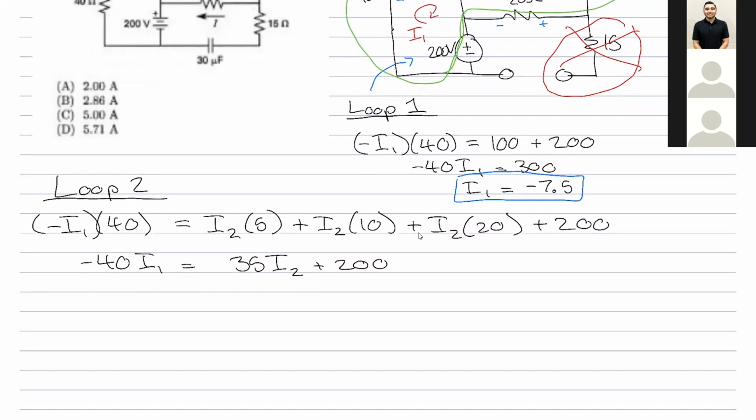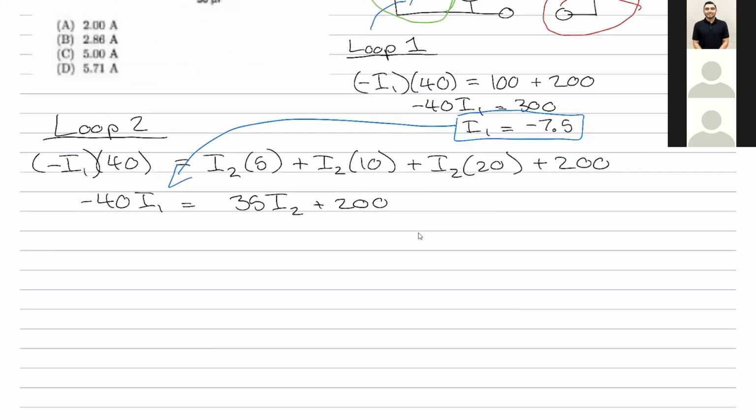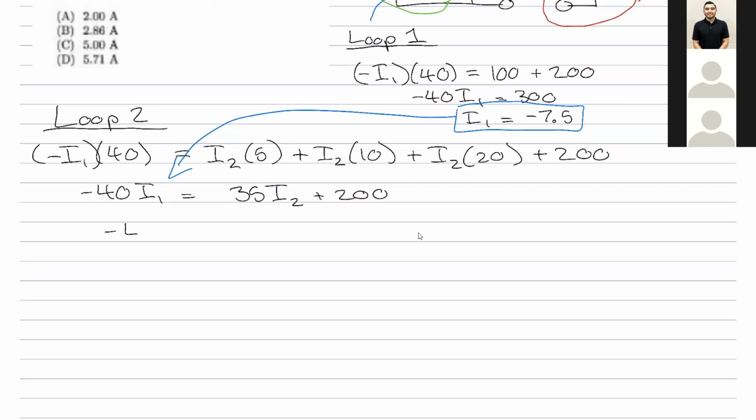We already found I1, so we're just gonna throw that guy in there. So then we're gonna get negative 40 times negative 7.5 is equal to 35 I2 plus 200. Okay. 7.5 times 40 is just going to give us 300. 35 I2 plus 200. Subtract that to the other side, divide it out.